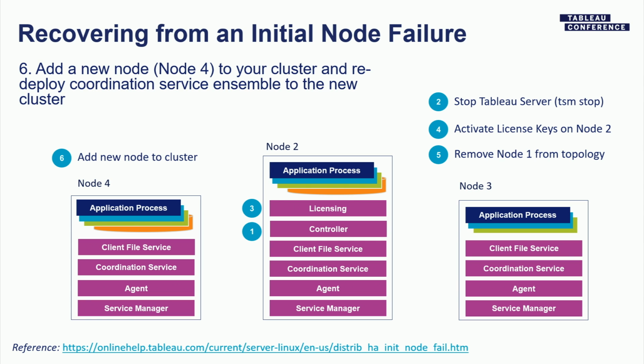And you may want to get back to a highly available configuration, so you may want to add a different node to your system. In this example, it is node 4. And you want to configure the same processes which were originally on node 1 to run on node 4. So you effectively have the same Tableau Server configuration as before the failure.